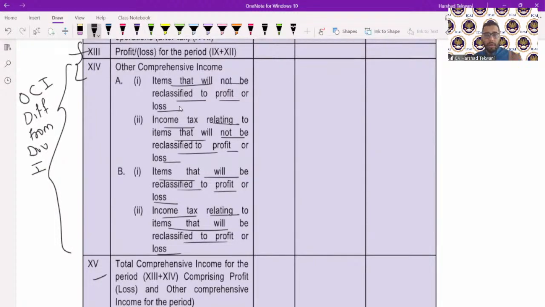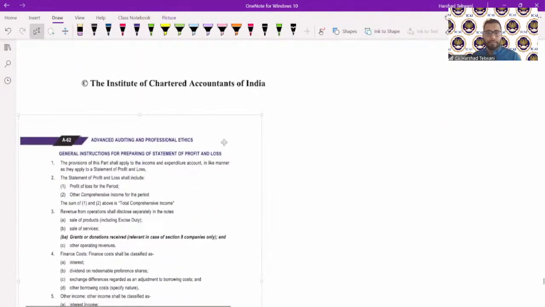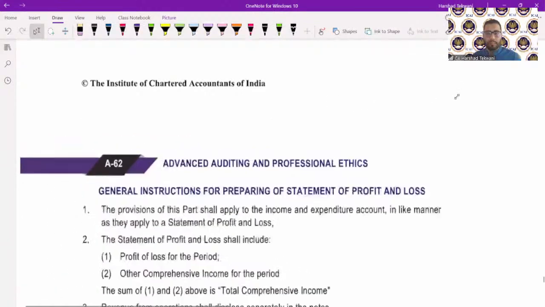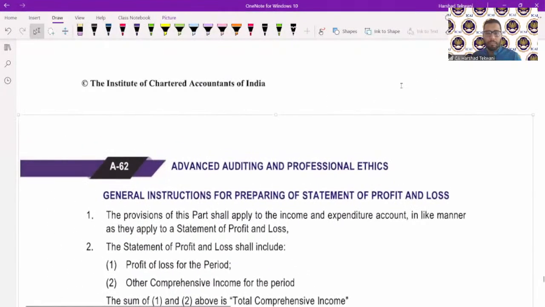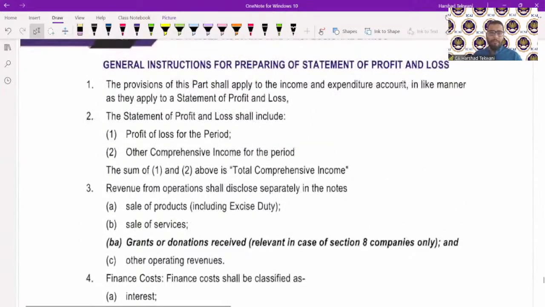I hope I'm clear. OCI and EPS, both are different. Both are detailed disclosures which were not present in division 1. Okay. Rest all same as we discussed.